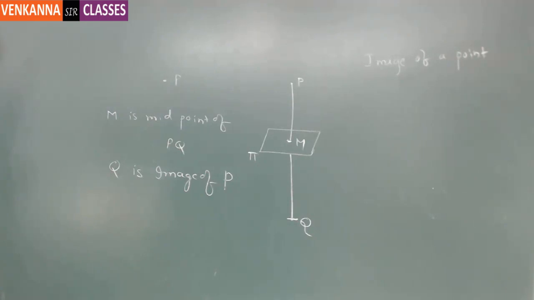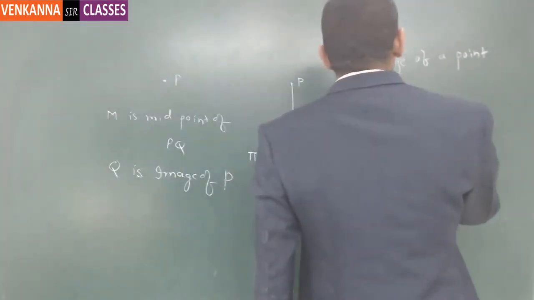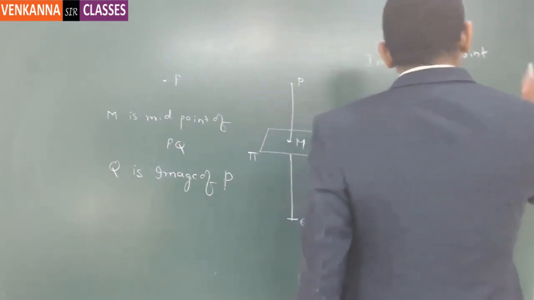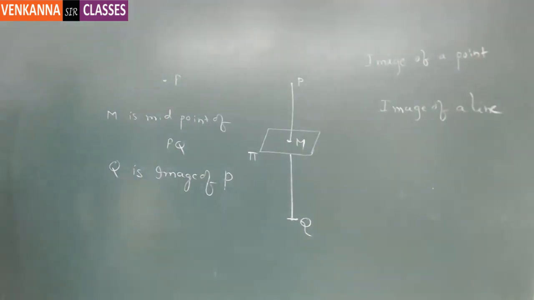So here I calculated the image of a point with respect to the plane. Now I want to calculate the image of a line. So image of a point and image of a line are two different aspects. The image of a point is a point; the image of a line is a line.